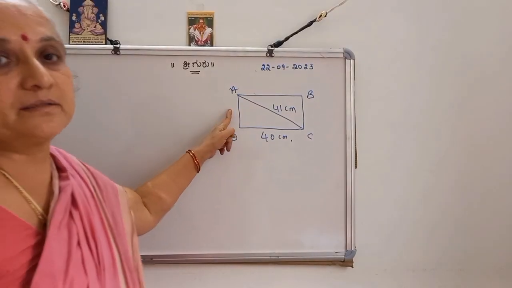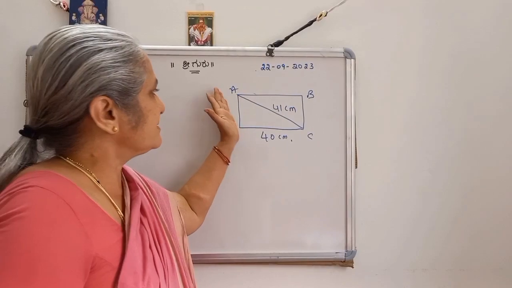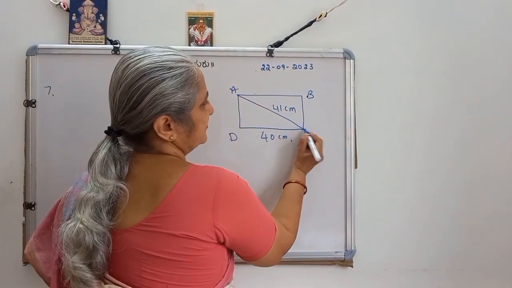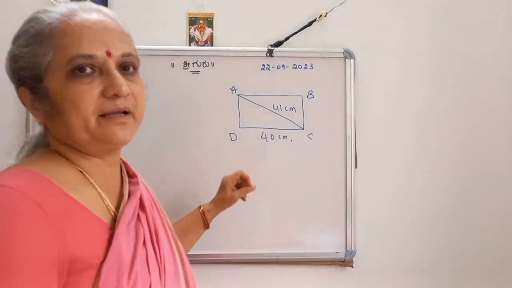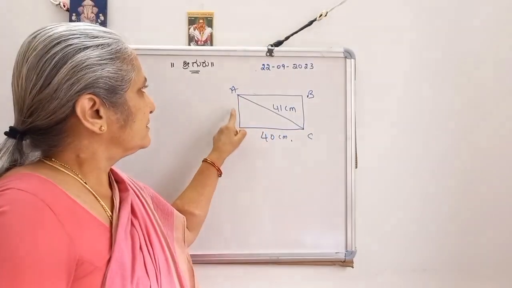How to find the breadth of this rectangle? Now consider two triangles ADC and ABC. And what are the properties of rectangle? Opposite sides are equal and parallel.